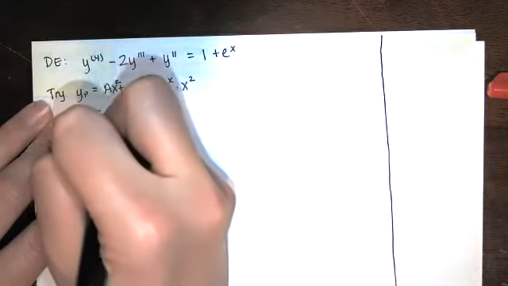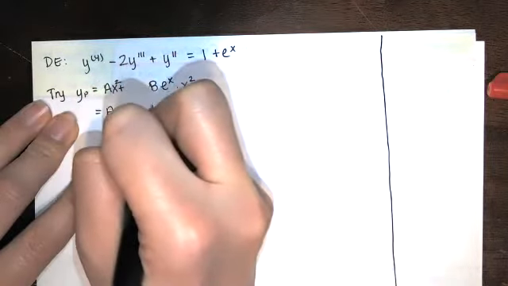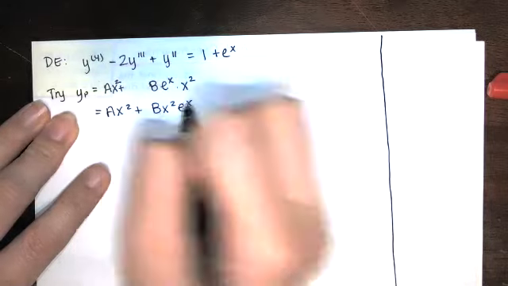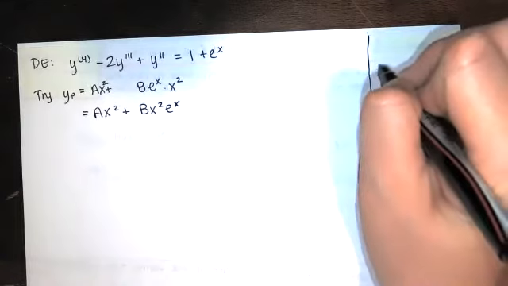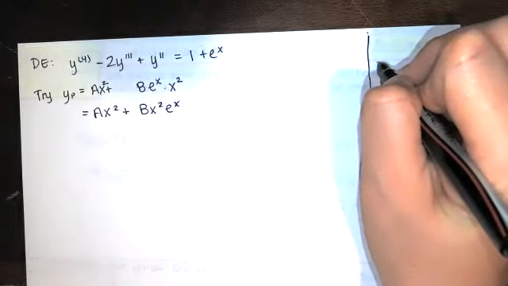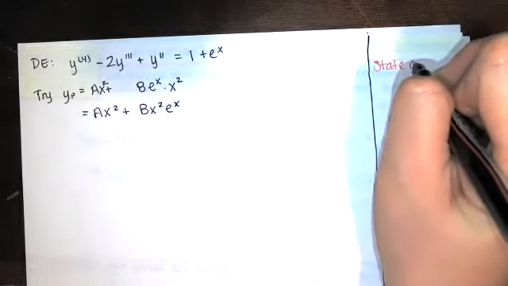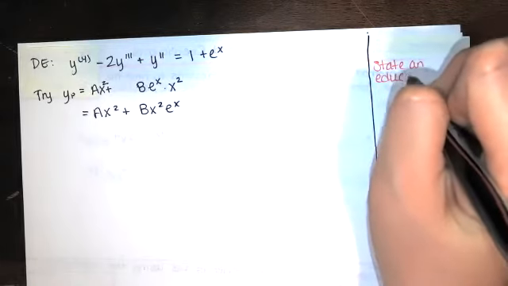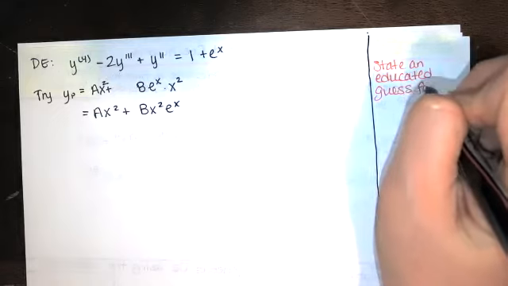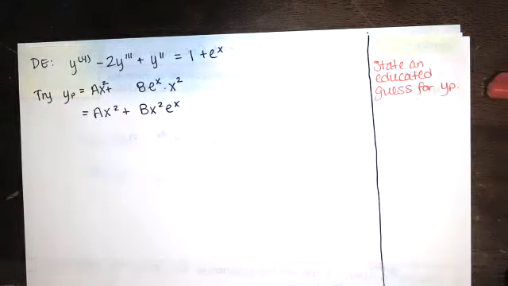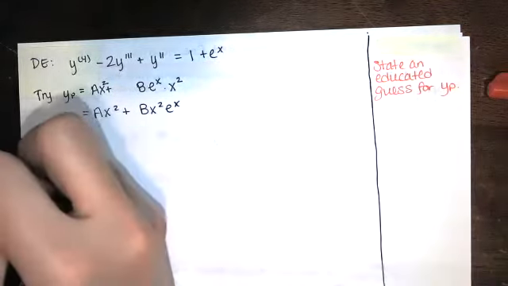I think I'm going to write it a little bit neater. I'll write it this way. And that is our y sub p. Alrighty.